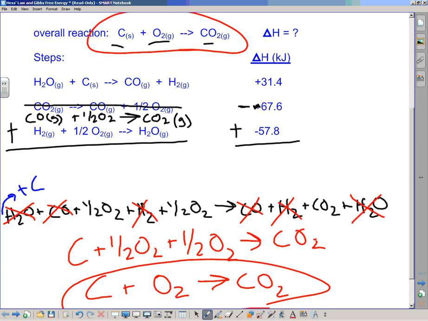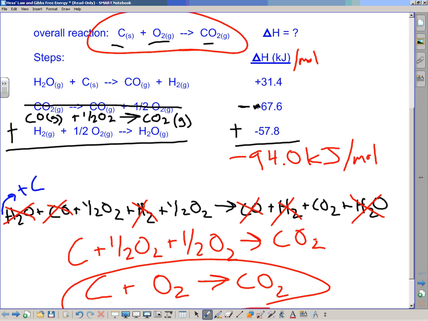The question was, do we keep the negative? Negative 94.0 kilojoules. Okay, remember when you're adding significant figures together, you add to the least number of decimal places. All 3 of our numbers have 1 decimal place, so our answer is going to also have 1 decimal place. Now, the units here are kilojoules per mole. Okay, negative 94.0 kilojoules per mole.